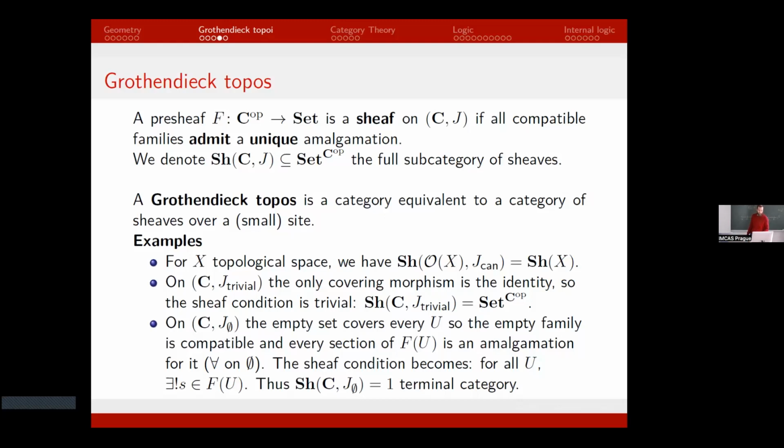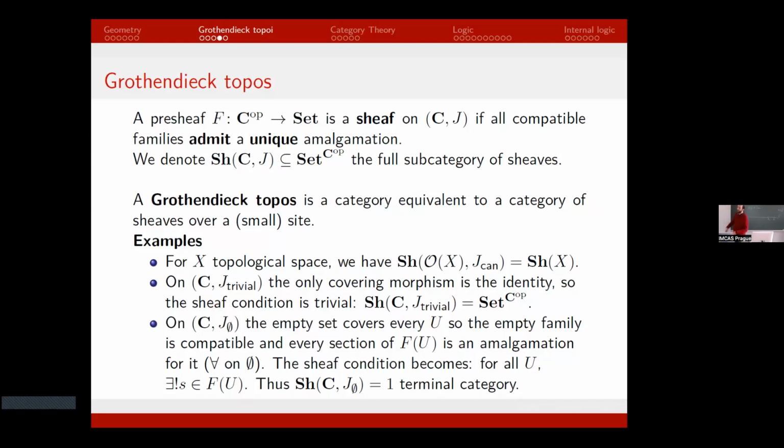If now we take the trivial coverage, which I recall was the coverage where the only arrow that covers an object U is the identity, the one I call the most disconnected one, it has no relation whatsoever between local and global. So this is exactly pre-sheaves.